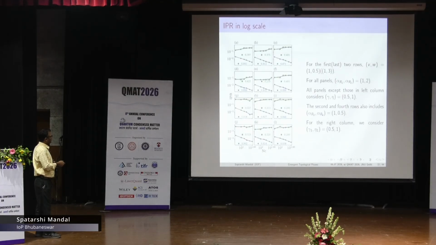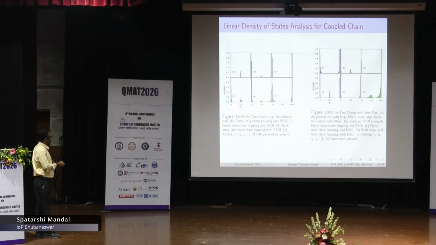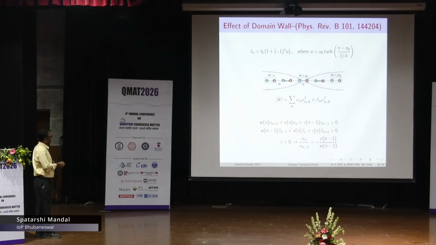Okay. So, this is some calculation of the IPR and NPR in the presence of this topology. We are more interested in the IPR and NPR because there is a little bit of history. There was a very recent interesting paper where this SSH model has been investigated in the presence of Aubry-Andre potentials.